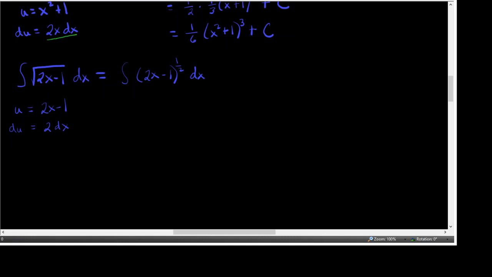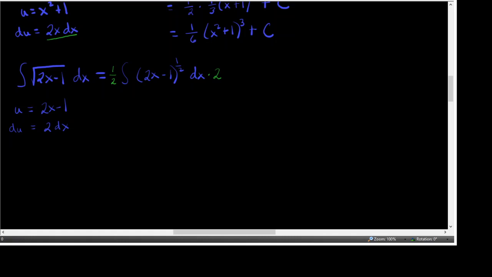I look at my problem and I do not have the 2, of course have the dx, so I'm going to have to introduce a 2. And unlike on the last step where I slowed myself way down, what I'm going to do is multiply by 2 again, but that 1/2 that I'm multiplying by so that I'm actually multiplying by 1, I'm just going to pull out in front of the integral sign instead of writing it inside and taking an extra step to write it outside.